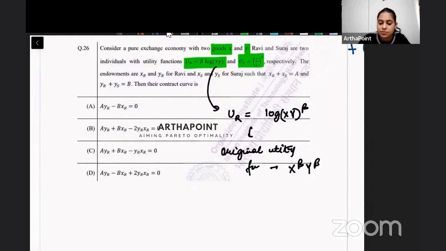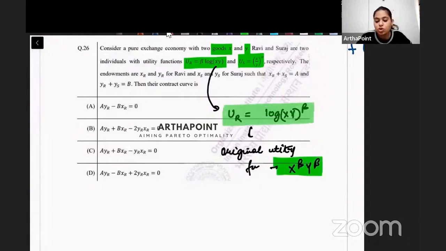And this is much easier to work with if I don't have log. And it will give you the same answer, because these are monotonic transformations. Find the MRS of this or of that, you will get the same MRS. So in that sense, even if you know what a monotonic transformation is and you work with this, you're fine.